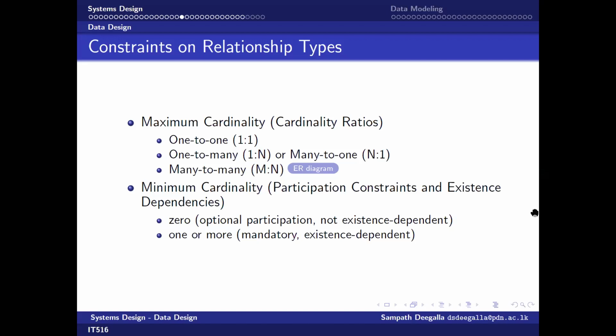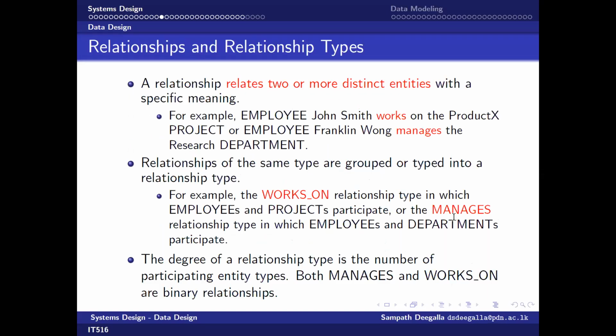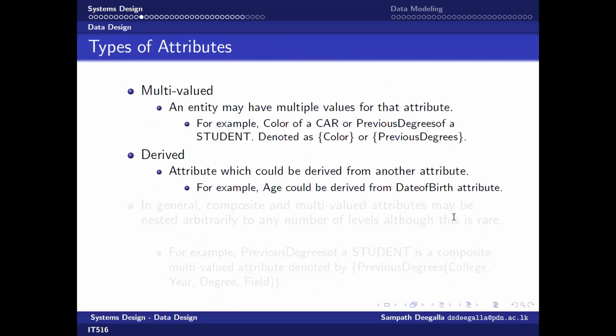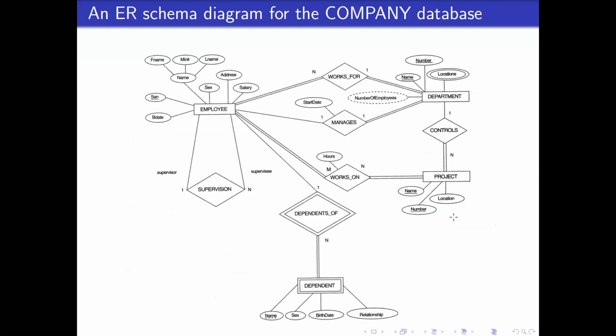One to many. Some said many to many, some said one to many. What is the correct answer? According to the diagram, these are the assumptions that you have to make if it is not clear in the description. But let's go back to our ER diagram.